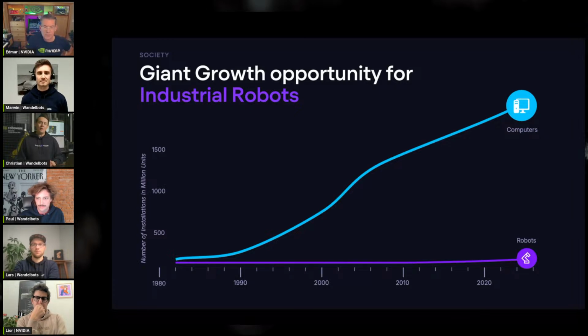Just to compare this a bit, because many people around the globe think that robotics is a giantly growing business segment. If you compare it to the numbers, for instance, of PCs being installed, it's still a super small Mickey Mouse business. But that's exactly the reason why we are making all of these efforts to help make robots mainstream, significantly increase the number of robot installations first on shop floors, but then in many other aspects on this planet as well.